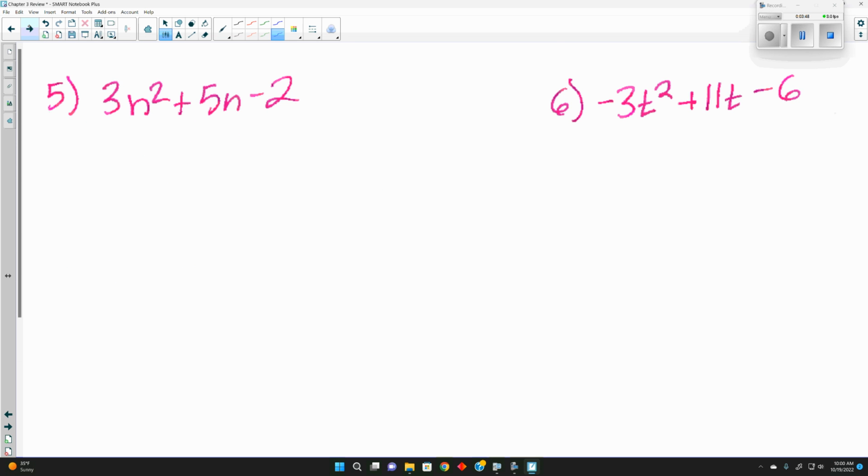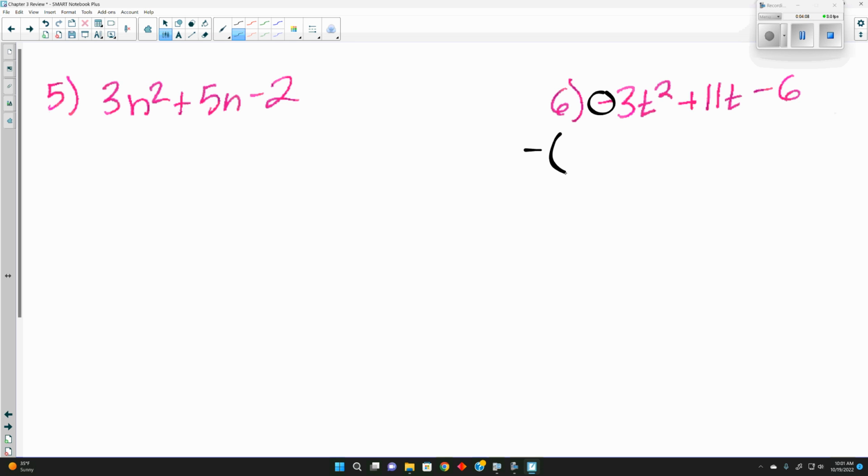So when we look at number 6, we first, again, look for greatest common factor. And between 3, 11, and 6, there's not one. There is one between 3 and 6, but 11, unfortunately, does not divide by 3. However, there is a greatest common factor I would pull out, and that would be the negative.